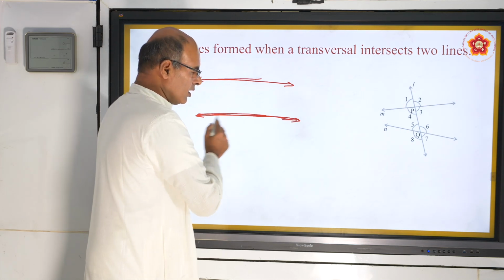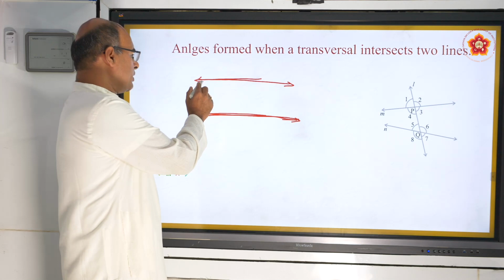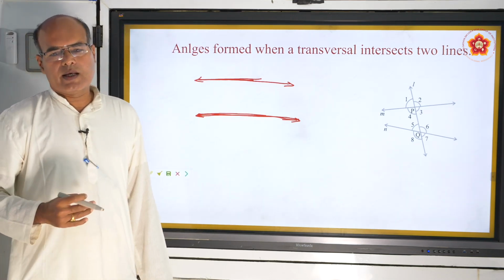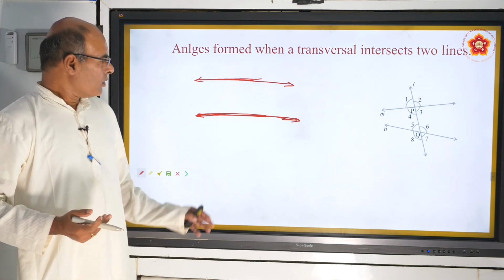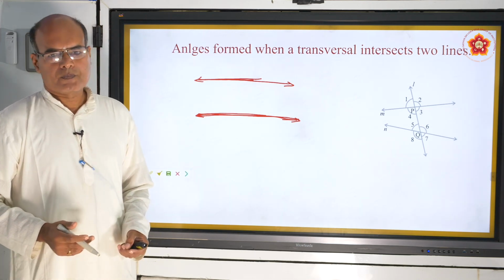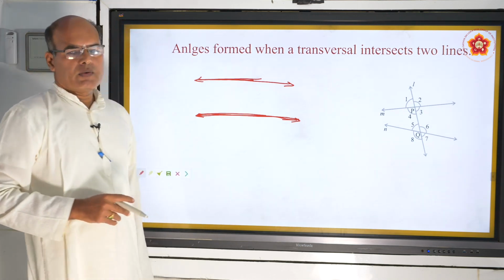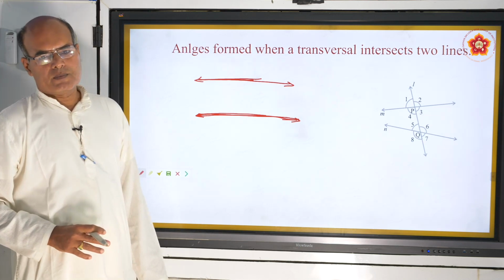Assume that this is a horizontal line parallel to the ground, and assume that this second line is slightly inclined by 1 degree, or half a degree, or 2 degrees. Then we cannot recognize whether they are parallel or not. So to verify whether the given lines are parallel or not, we have axioms and postulates.